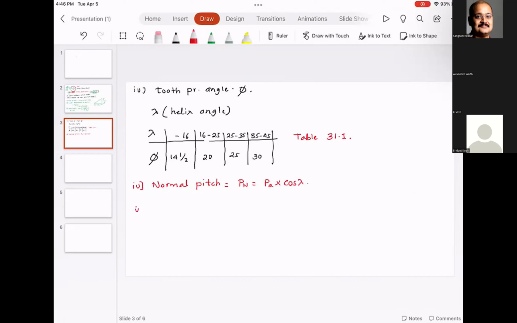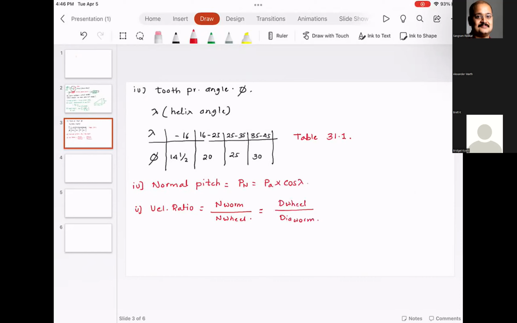Next concept is the velocity ratio. And velocity ratio is n worm divided by n wheel. So that is nothing but diameter of wheel divided by diameter of worm.